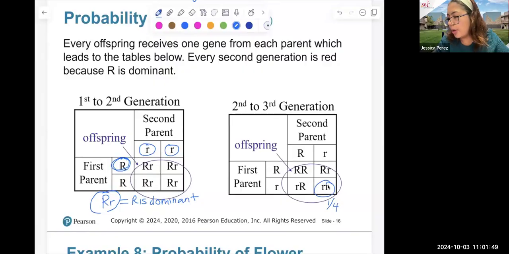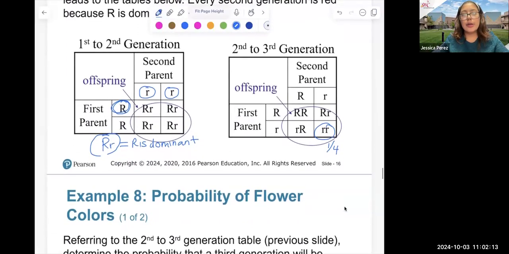One out of four is white right here. So we have the first to second generation, and then the second to third generation. Let's say the first parent was red, so you have a mixture: big R, big R, big R, and on this side big R and little r. You create a product table here, and we answer the questions that we have.